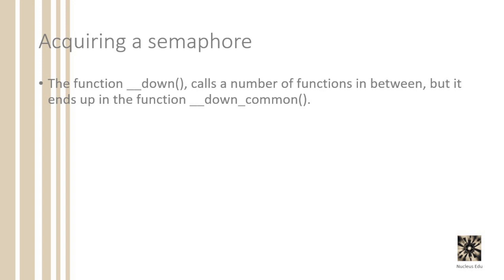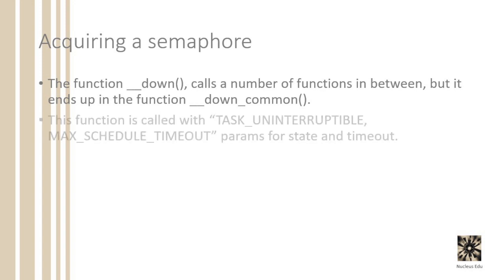The function __down calls a number of functions in between, but it ends up in the function __down_common. This function is called with these two macros, one being TASK_UNINTERRUPTIBLE and the other MAX_SCHEDULE_TIMEOUT.